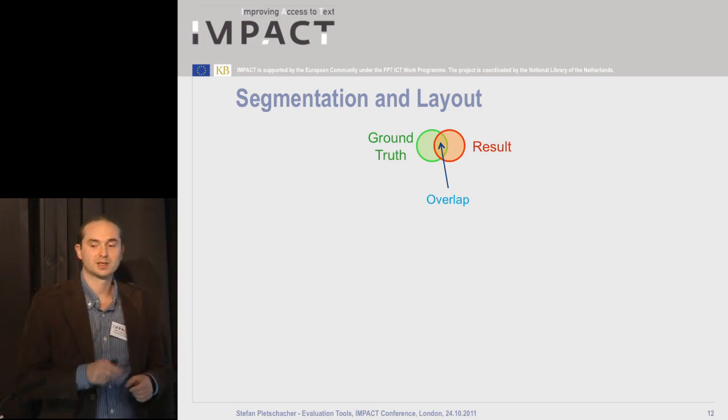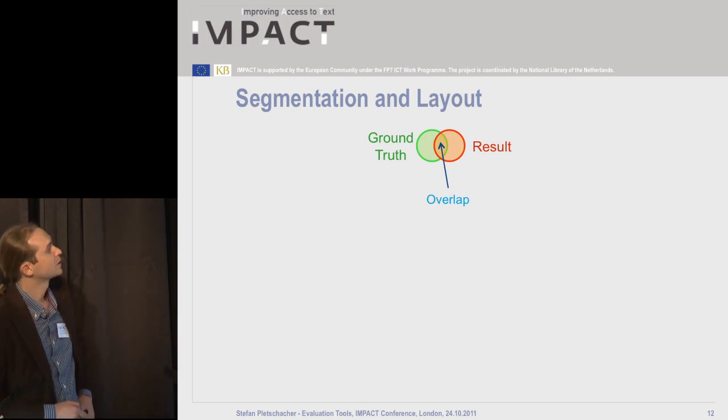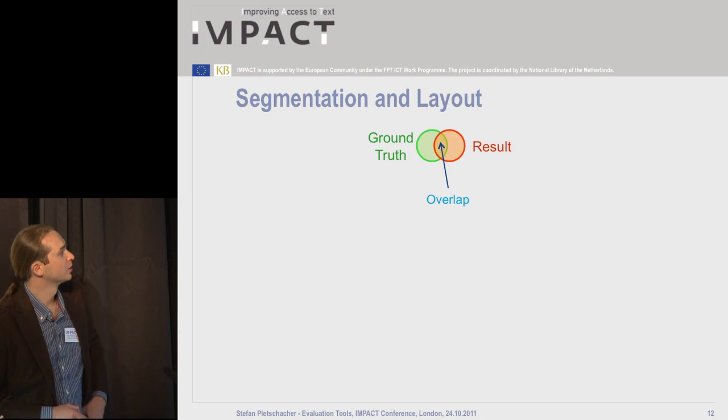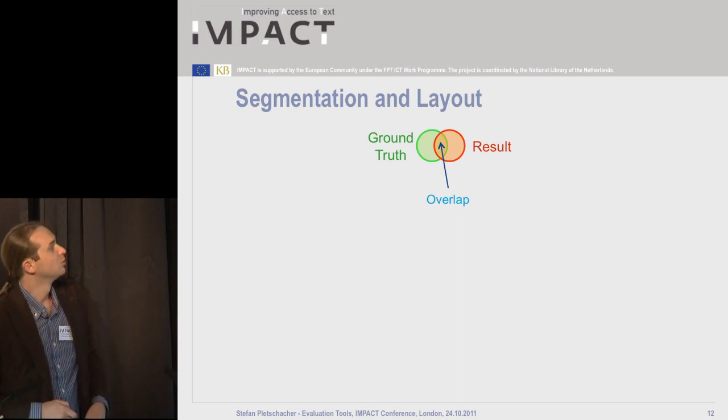Is it an image? Is it a text region? And so on. So that is somehow stored in the ground truth, and the result is something similar. Obviously, ideally, those two objects would really fully overlap, but in reality, that quite often differs.